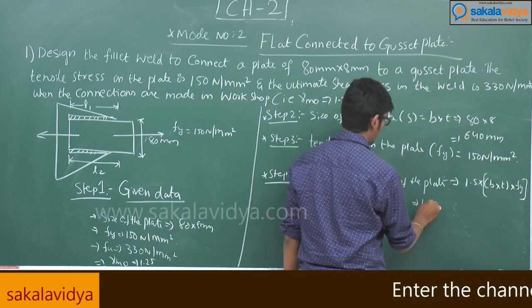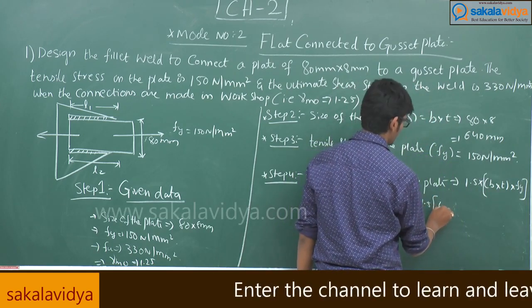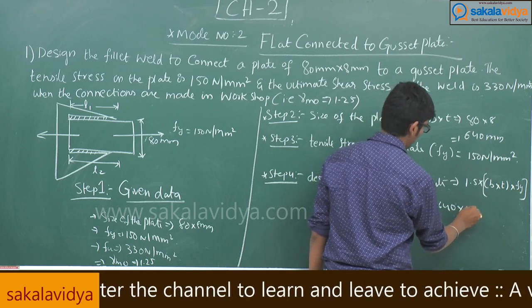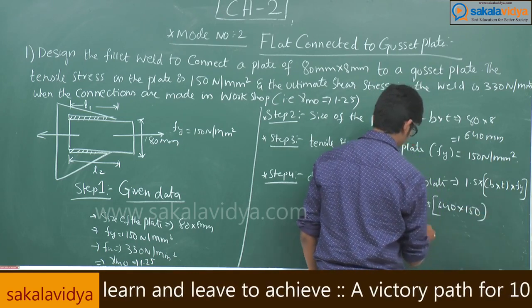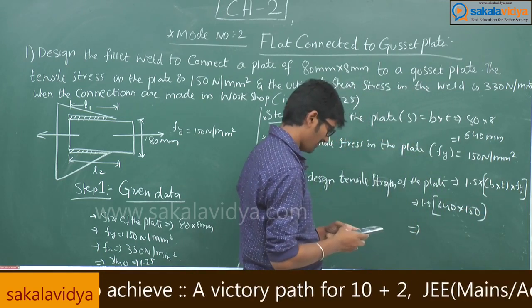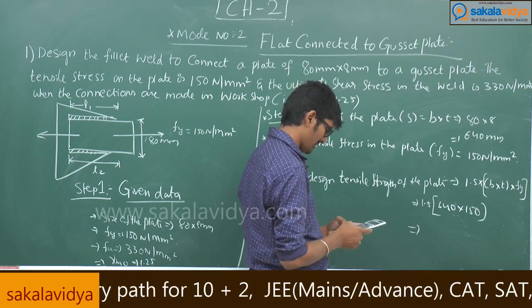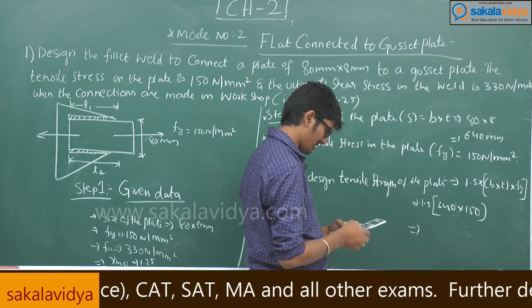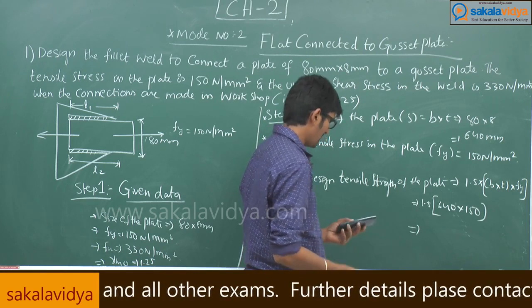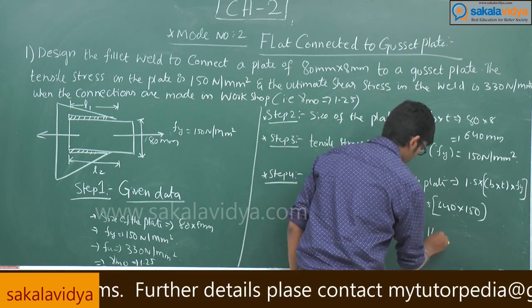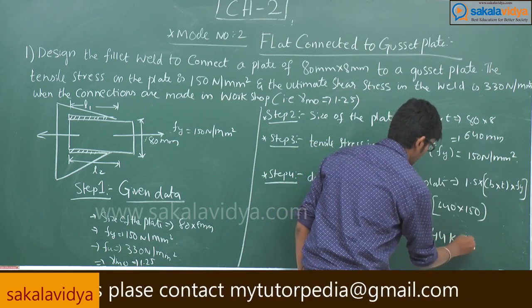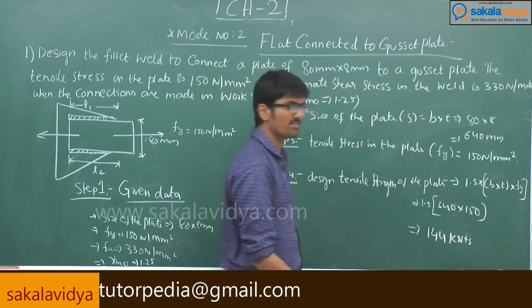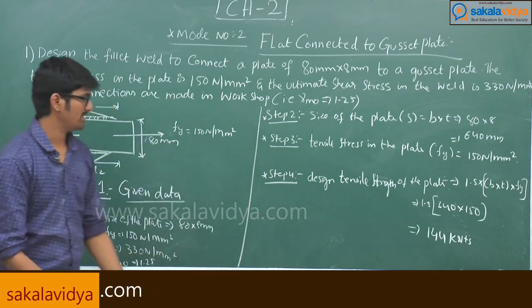So 1.5 into 640 into 150, divided by 10 power 3. What is the answer? So 144 kilonewtons is the design tensile strength of the plate.